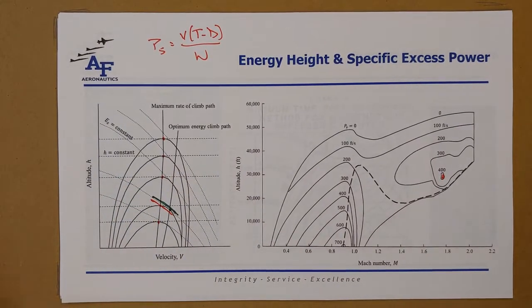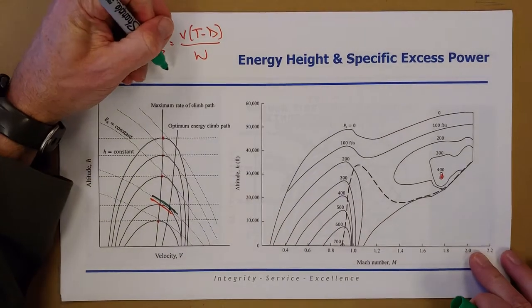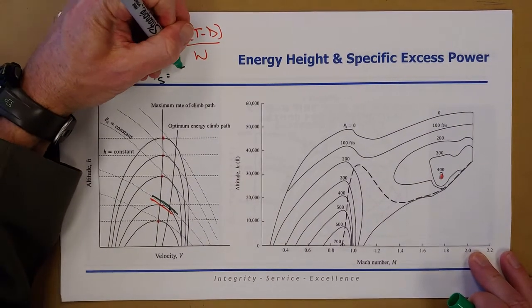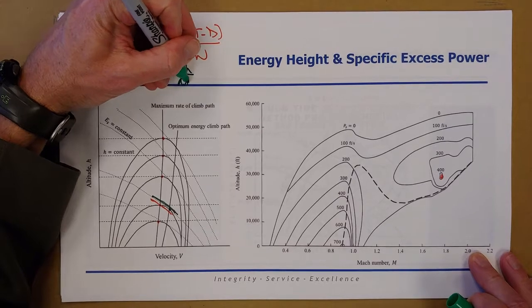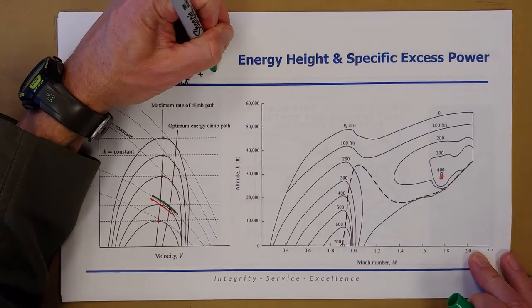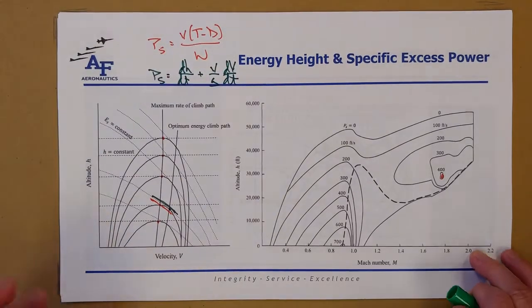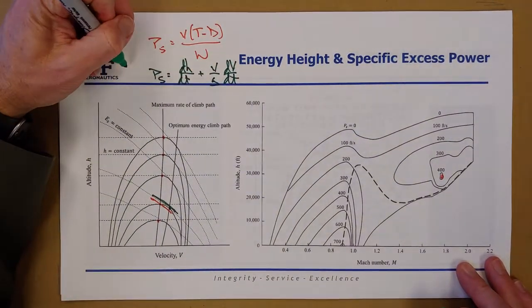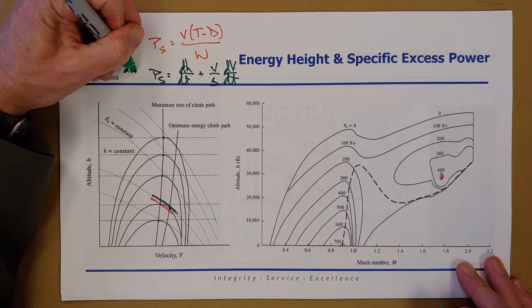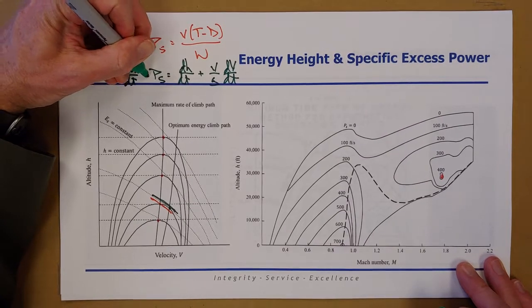And again, this is very easy to see. If we write P sub s in terms of dH/dt plus V over g dV/dt, and of course this is rate of change of energy height.